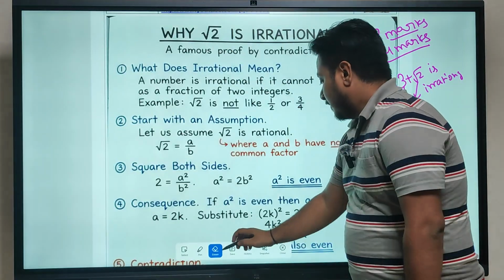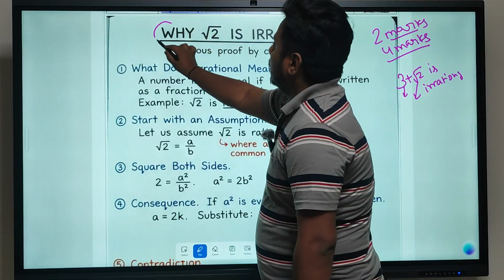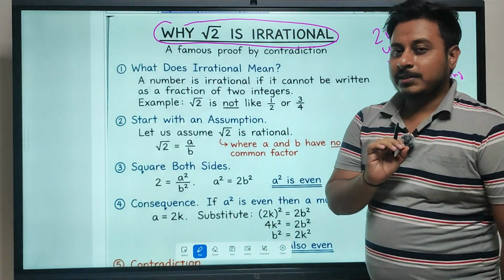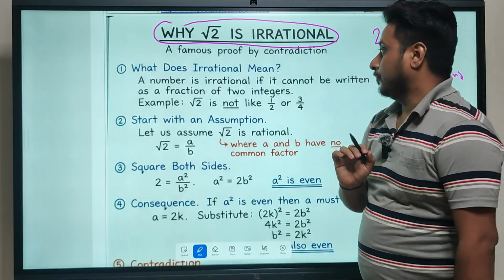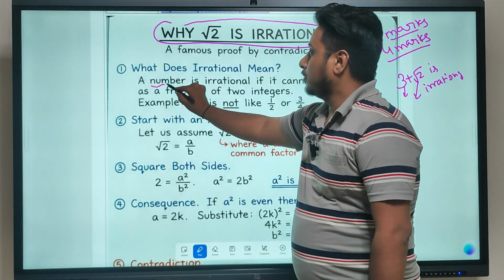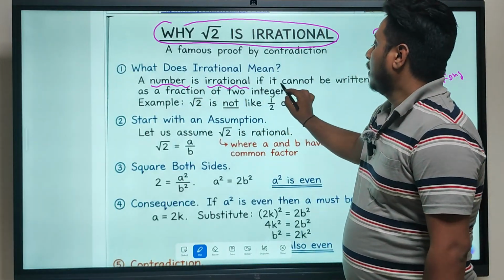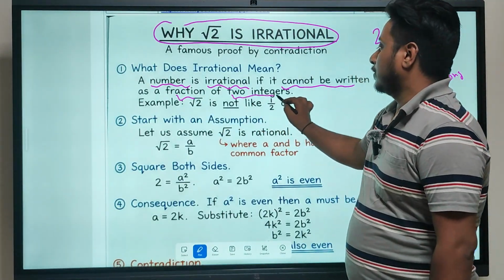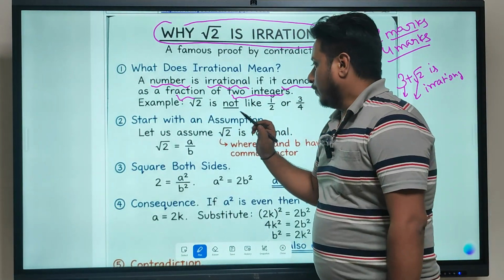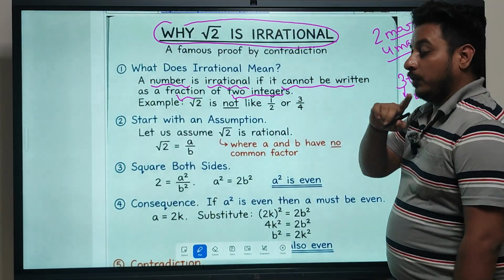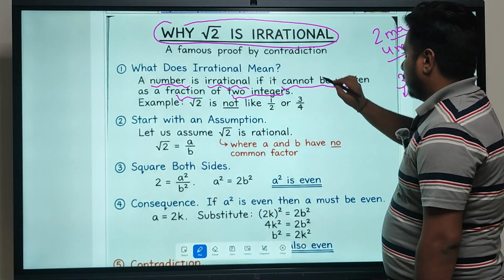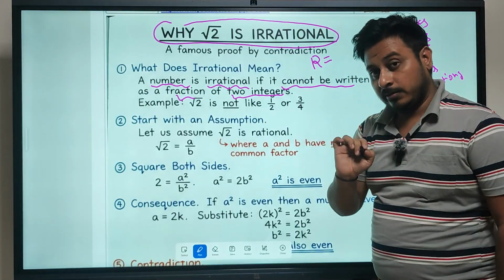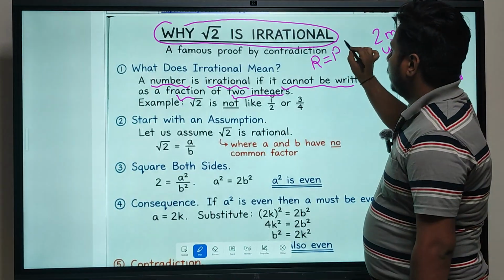Why is root 2 an irrational number? This question. First of all, we should understand what an irrational number is. A number is irrational if it cannot be written as a fraction of two integers. As I told you before as well, if we have a rational number, we are able to write that number in the form of p by q.